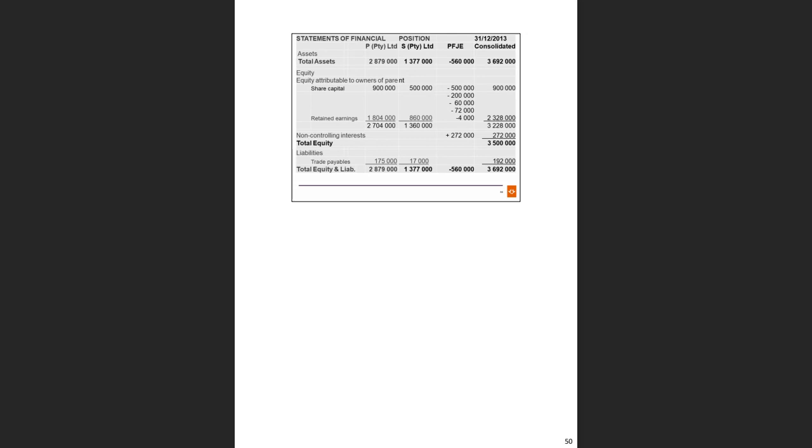Are there any questions on any of these slides before I move on? I know you might be a bit lost, and that's okay because there's a lot of information. But what I want you to do is go through all of these slides again and see if you know where all the numbers come from and if you understand the process that was done to get to the numbers.